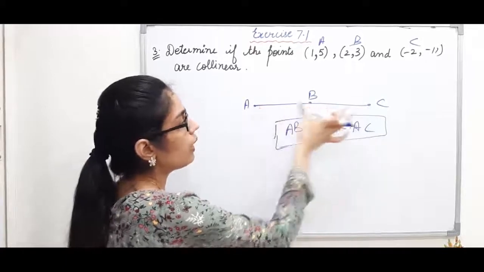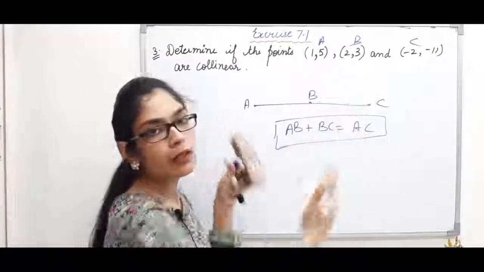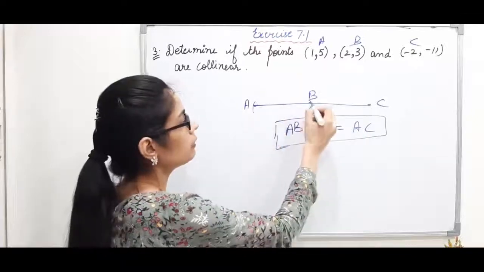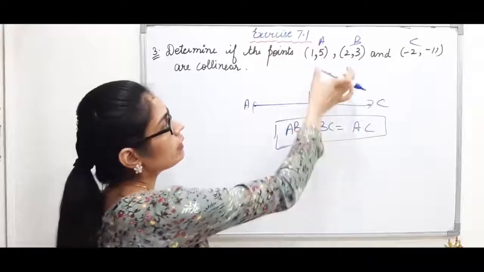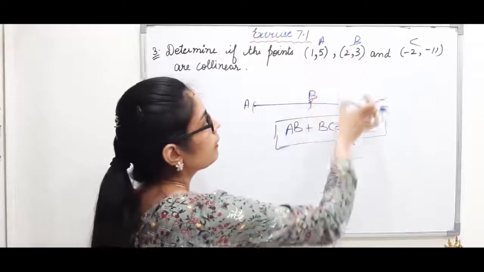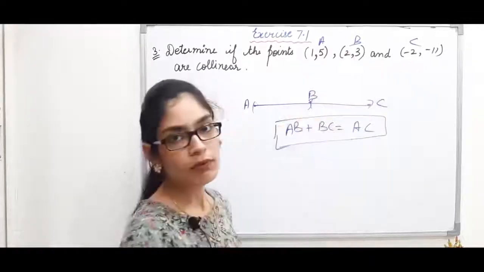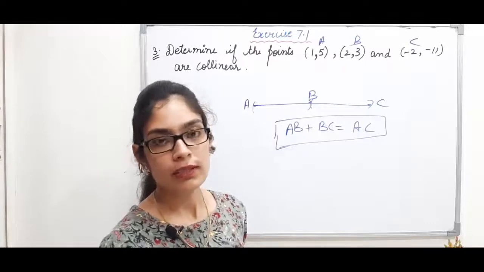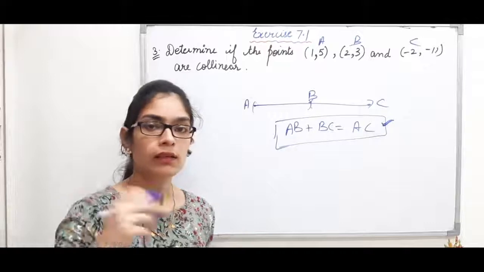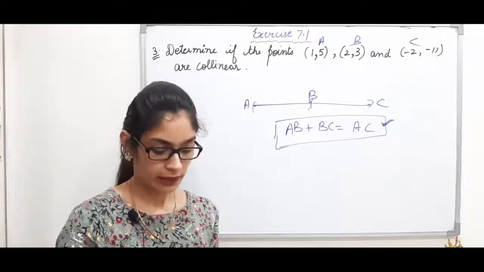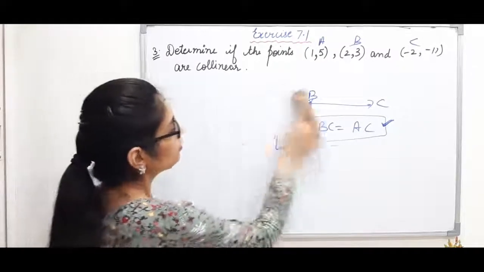So any two parts of this line, if we add, we will get the complete line. AB plus BC gives the complete line AC, which means we have to find the distance between the 3 points. If this condition holds, then the points will be collinear. So now let's check it out.